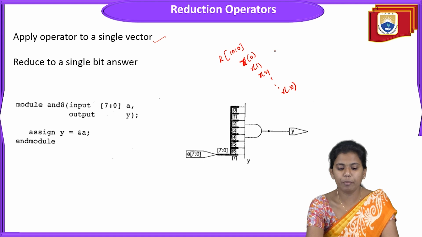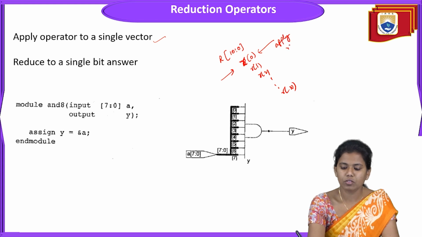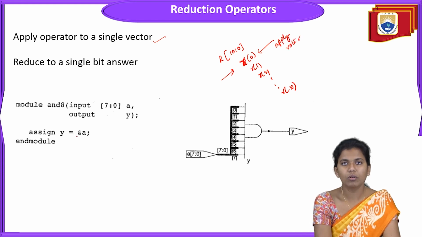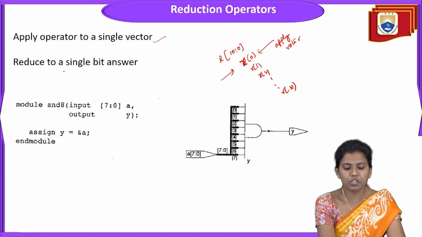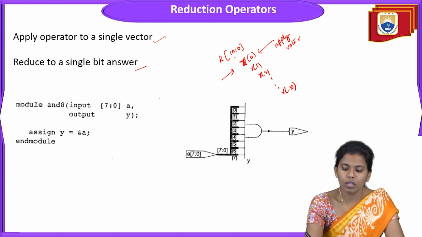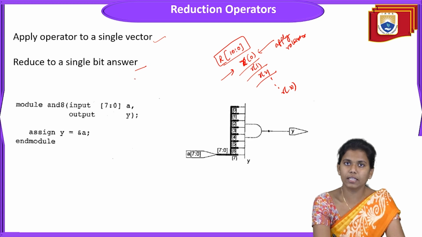So this is applying an operator on a single vector, to reduce it to a single bit answer. So this is my vector. What am I doing? I'm considering only one bit and applying this reduction operator onto this so that I get a single bit answer.